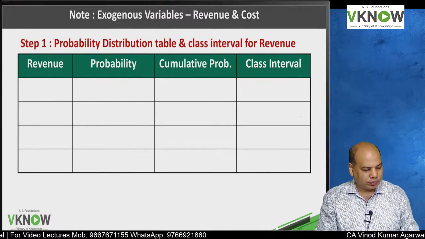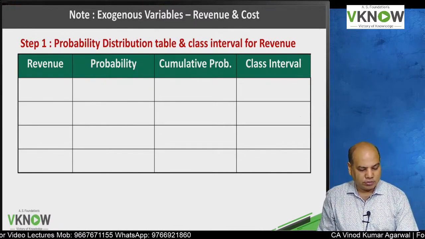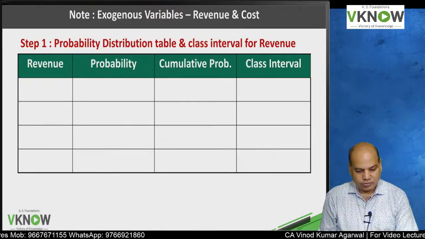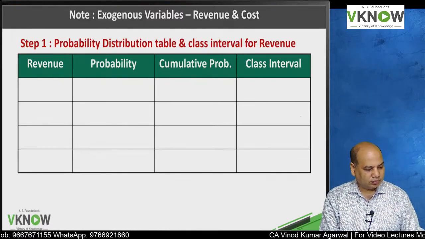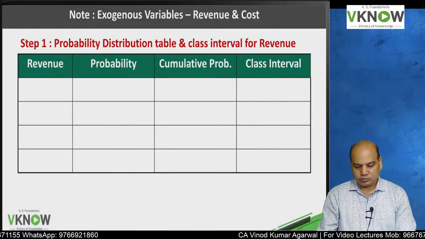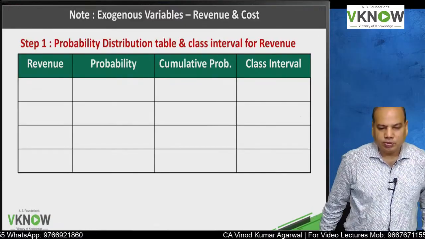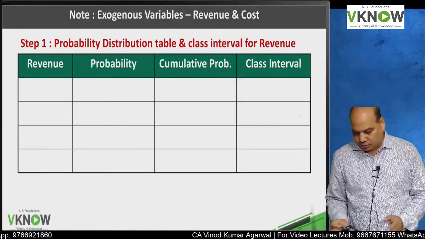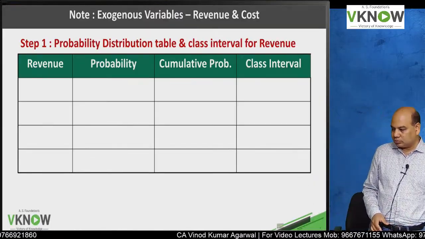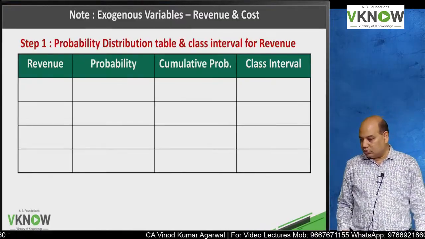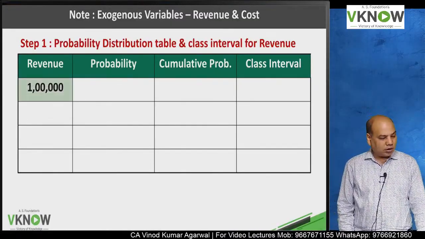First is revenue, second is probability, third is cumulative probability, fourth is class interval.